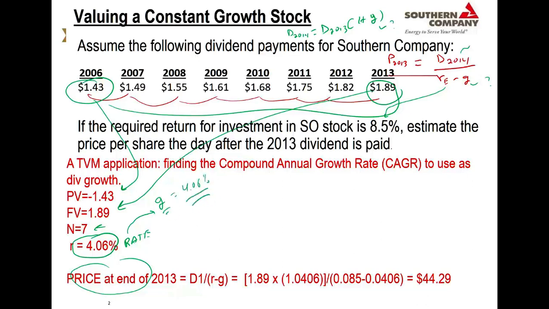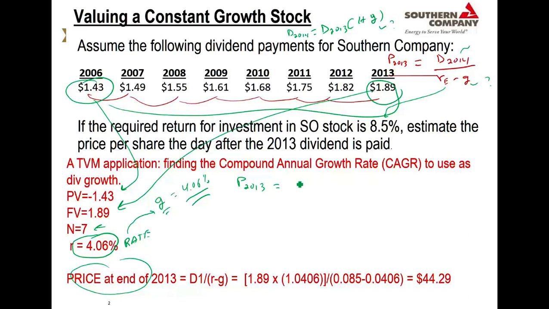That's the rate of growth such that we are replicating what actually happened to the company. And if we have that constant growth rate, then it's going to be much easier for us, because now we are able to just apply the constant growth model. So the price at the end of 2013 is going to be the dividend in 2014, correct?